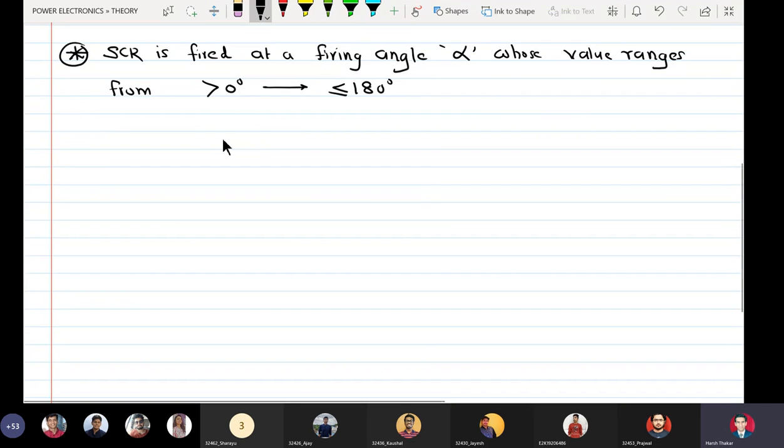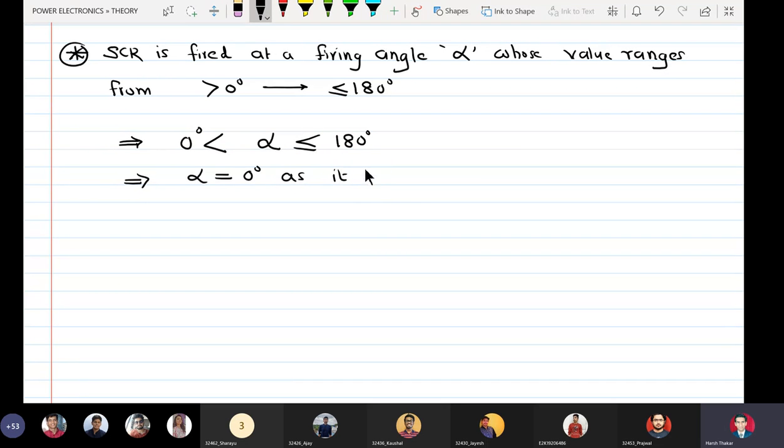Okay, so we already told before that the firing angle alpha is greater than 0 degrees and less than equal to 180 degrees, and we had made a point that alpha should never be equal to 0 degrees as it equates a diode operation. We do not want to operate the SCR as a diode, we want to operate the SCR as an SCR.